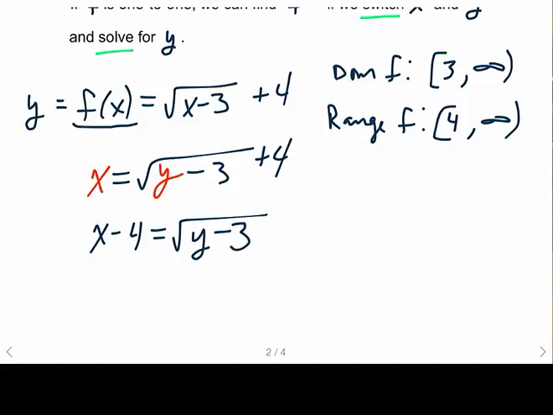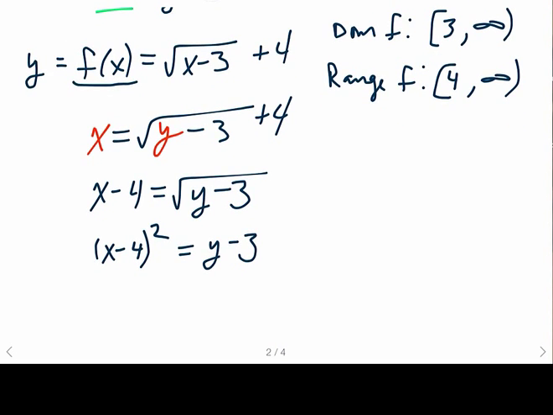And then I'm going to square both sides. So we have x minus 4, the quantity squared, is equal to y minus 3. And then finally, to solve for y, I'll add 3 to both sides. I'm writing down a step that I would normally skip, but I want to make sure that everyone's on board here. y is equal to x minus 4, the quantity squared, plus 3, for adding 3 to both sides.